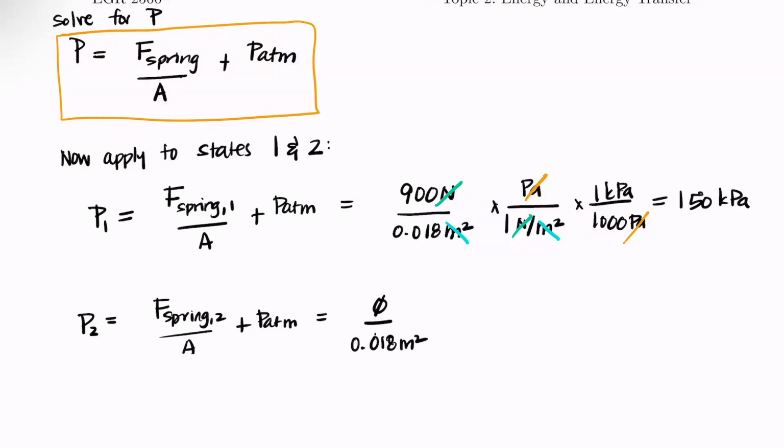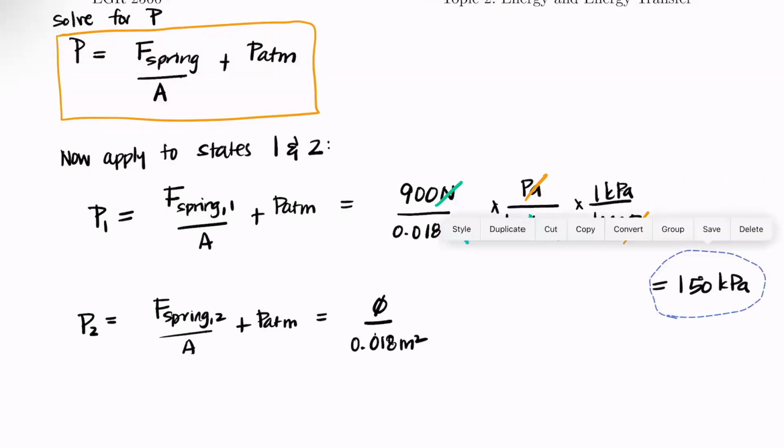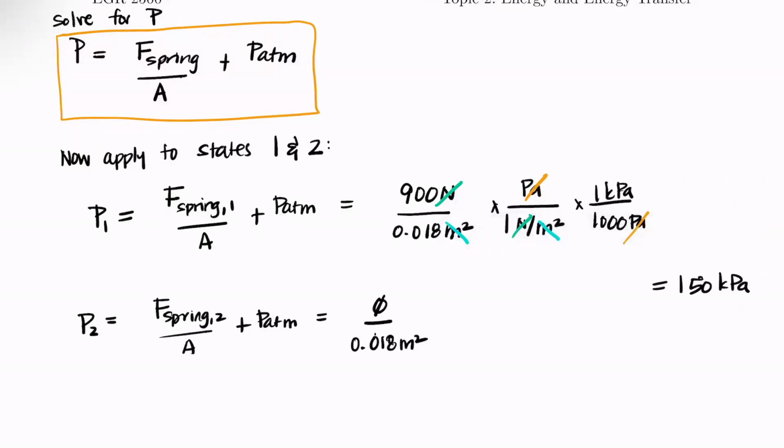Oh, guys, I forgot the atmosphere on the first one. Sorry, we got to go back. It does work out to be 150, but we also need that P atmosphere is 100 kPa. So this is P atmosphere, and then this is F of the spring over A.